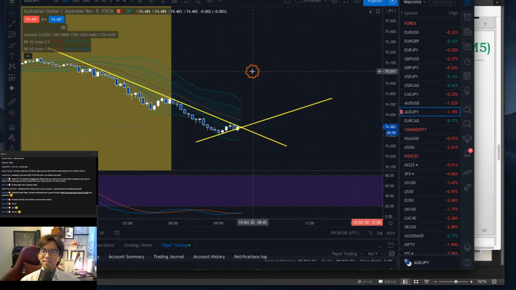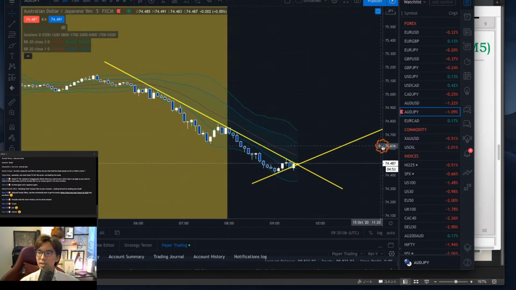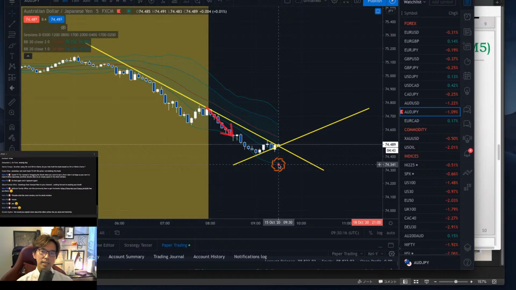In 5, pretty much the same. Basically the Tokyo Box breakout happened and the price is now going down. And over here, the price is not really in between the deviation 1, 2 anymore.